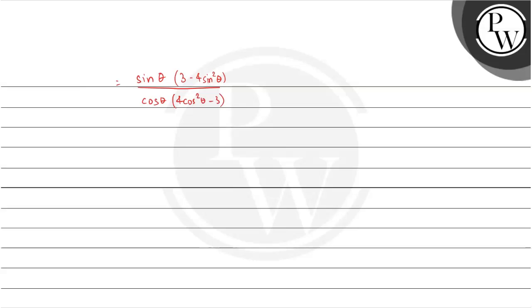Now I'll be writing this sin square theta as 1 minus cos square theta. So this becomes sin theta times 3 minus 4 times 1 minus cos square theta. And I'll leave the denominator as it is, as cos theta times 4 cos square theta minus 3.